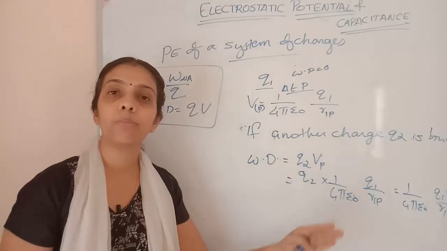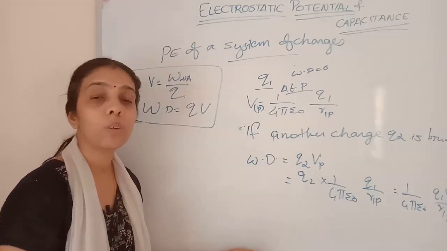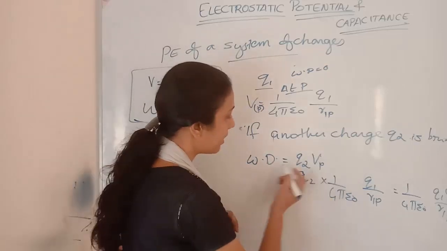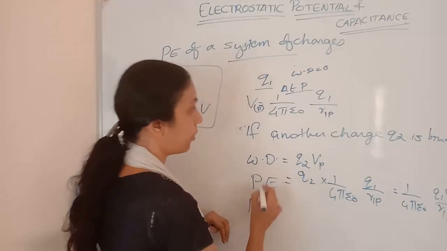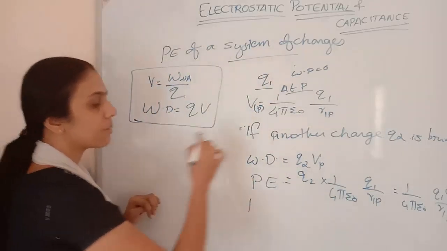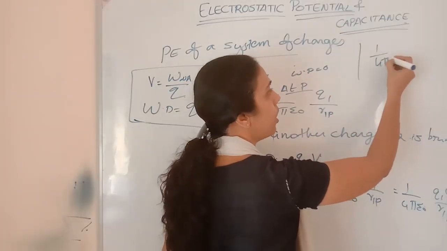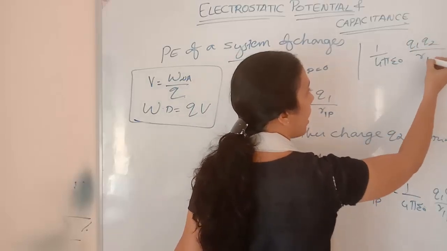This work done is converted into potential energy, depending only on the initial and final charges. Therefore, the potential energy of a system of two charges is equal to 1 by 4 pi epsilon 0 Q1 Q2 divided by R1P.